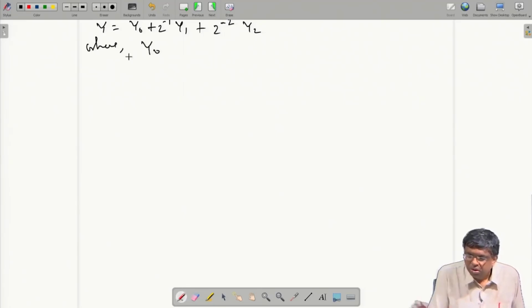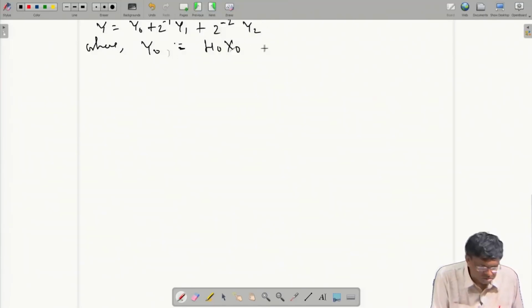From those messy expressions, y0 as a function of z to the power 3 is nothing but, this comes by calculation, is given in Paris book. So, I am not doing this messy algebra.